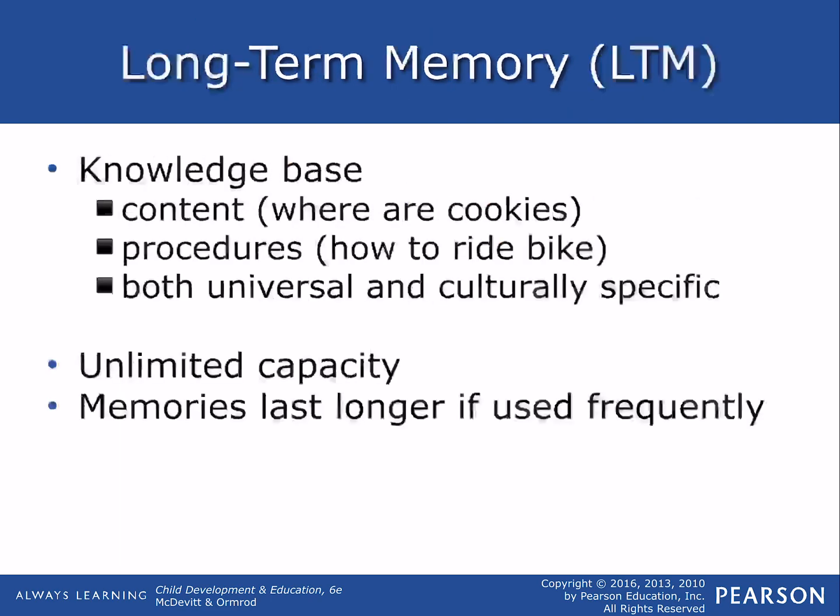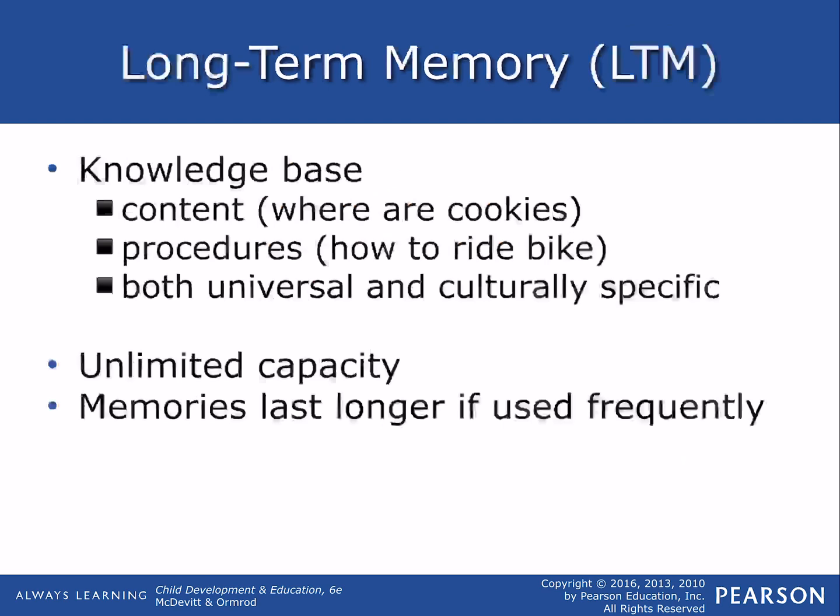All right, so long-term memory is where the stuff you know exists. The stuff you know can either be content, which are sort of your nouns, and procedures, which is like almost motor things, like how to do, it's not just motor, it's how to do something. So riding a bike, driving a car, 1 + 1, adding, subtracting, dividing, that kind of thing.